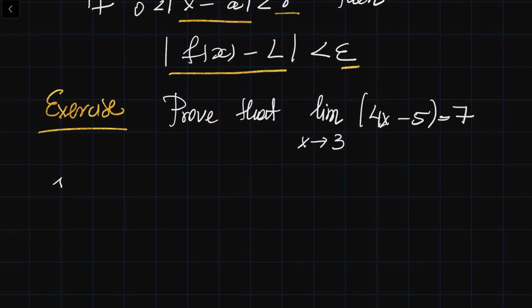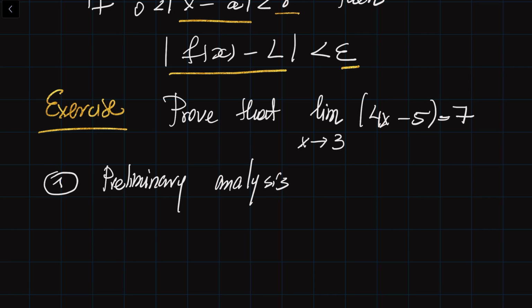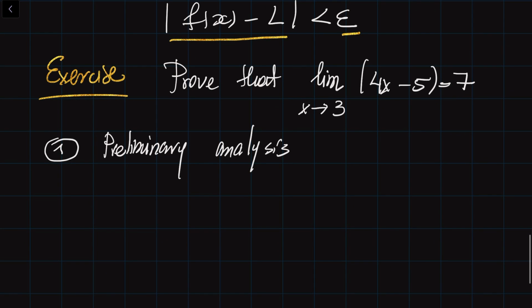In the first step, we are going to make a preliminary analysis, by just guessing the values of delta and epsilon, by finding the relationship between epsilon and delta.